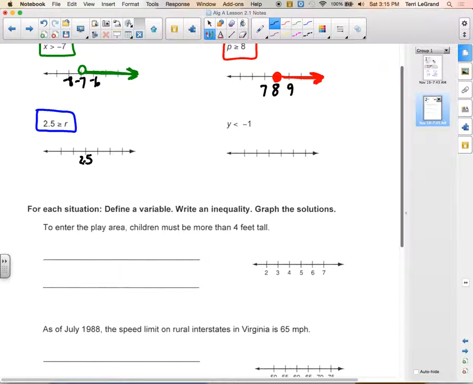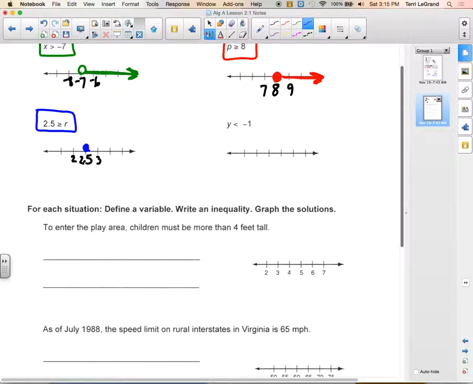Well, 2.5 is smack dab in the middle between two integers, so we should be able to just put a 3 at this tick mark and a 2 at that tick mark. Okay, and then let's put our circle at 2 and 5/10, 2.5. Let's put our circle there and decide if we should include it or not. Should we include 2.5? Well, it has the equal to bar, so yes, we should include it.